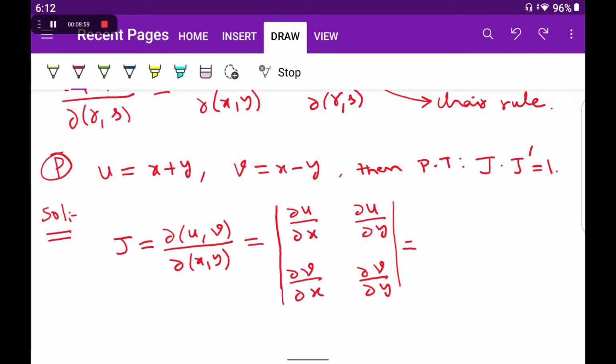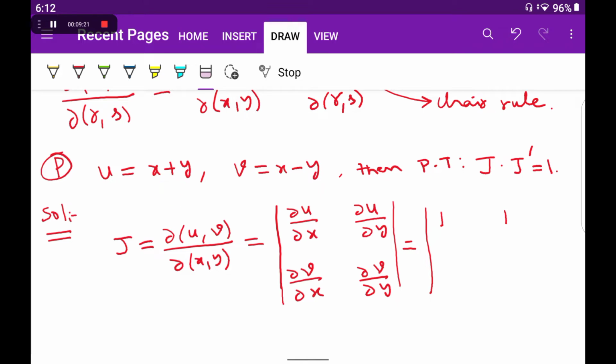So the derivative of u with respect to x is 1 plus 0, 1. Derivative of u with respect to y: when you differentiate this with respect to y, here the derivative is 0, here it is 1. So 0 plus 1, 1.